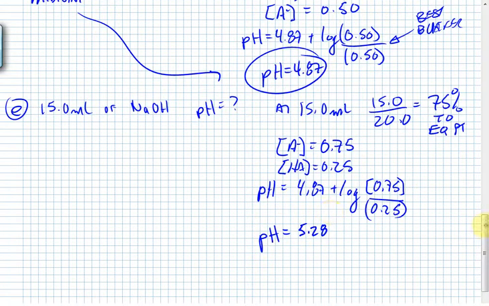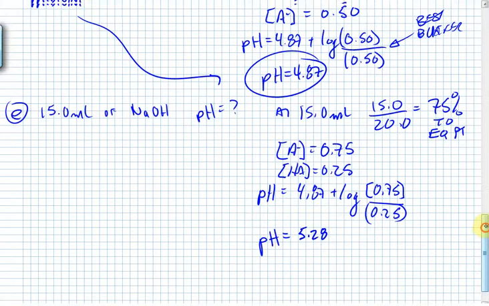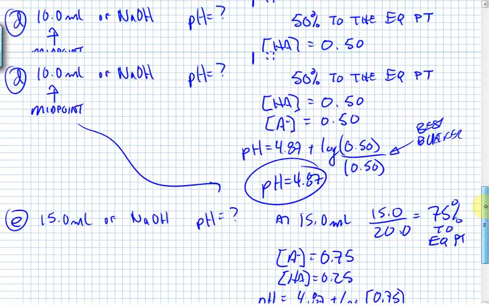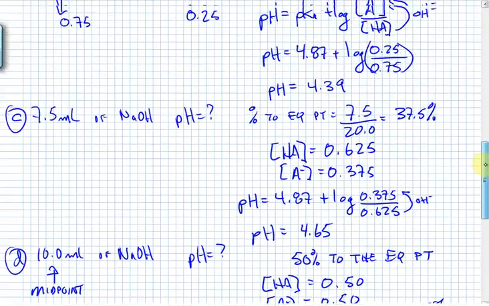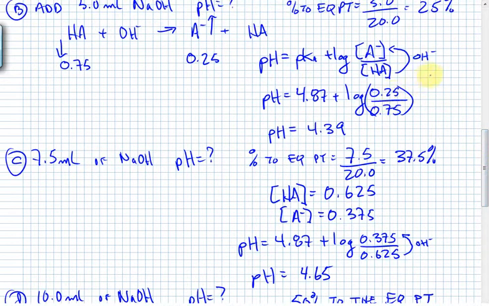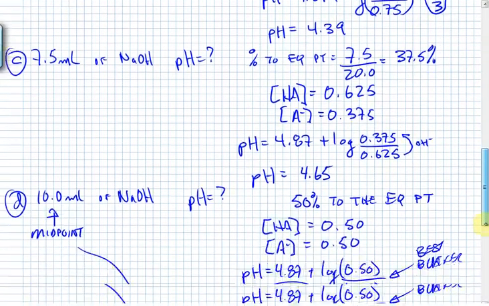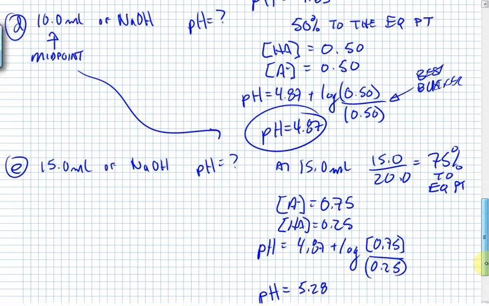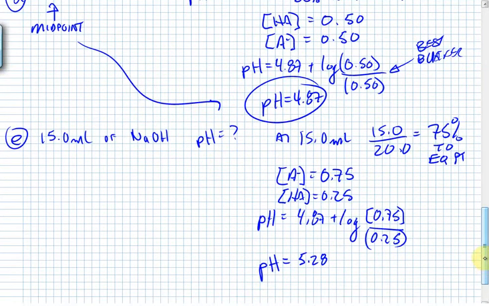Notice that this is really the opposite situation of what we saw previously. When we were at the 25% point, the ratio was 1 to 3 of base to conjugate acid. When we've gotten to the 75% point, the other side of the pKa, the other side of the midpoint, the ratio now has flipped.